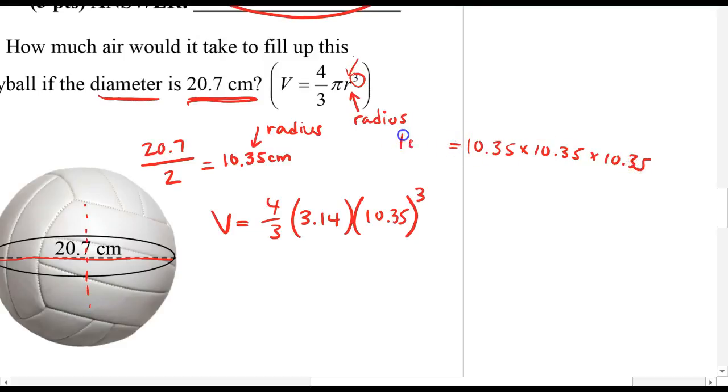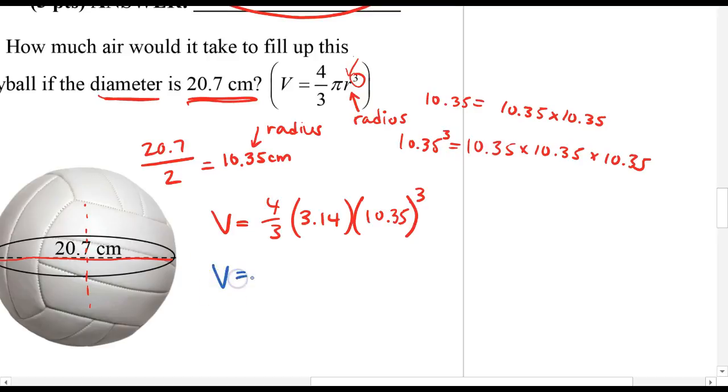If it was squared, like when we find area, that means we multiply it 2 times. Okay? So don't forget to put that cubed there. It's really important. It's a common mistake.